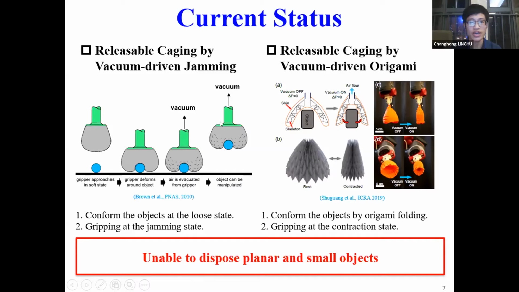While the gas is evacuated, the particles squeeze each other and the whole gripper becomes very stiff and can grip the object. Another design uses the controllable expansion and contraction of an origami structure to grip three-dimensional objects. These two designs work very well for three-dimensional macro-scaled objects, but they are unable to handle planar or small objects.